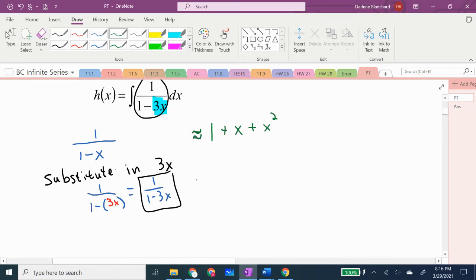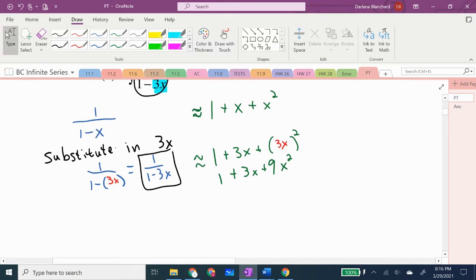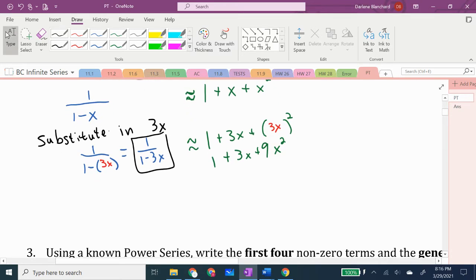Substitute in 3x. And then I'm going to separate the 3 and the x. Otherwise, I've got to go through a u substitution. Don't want to do that. So 3 squared times x squared. Now this polynomial, I can just integrate.